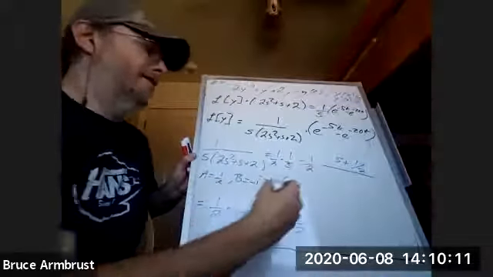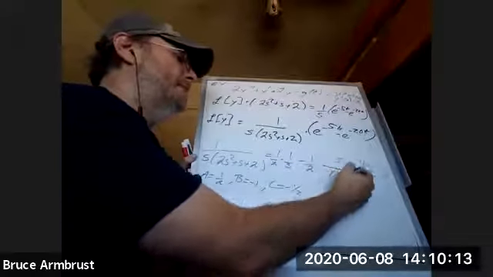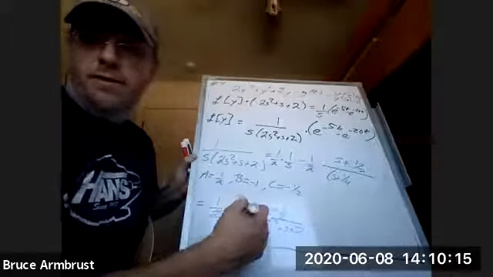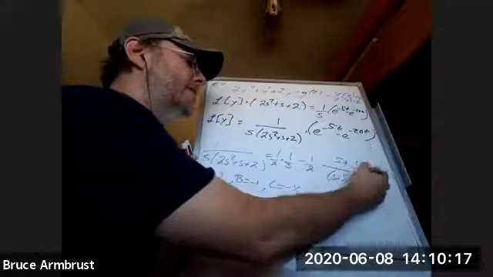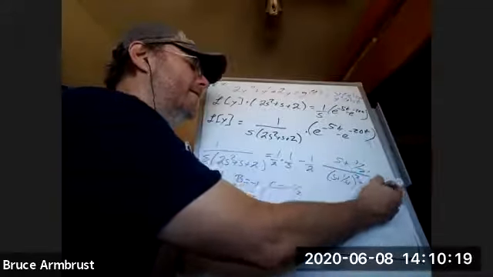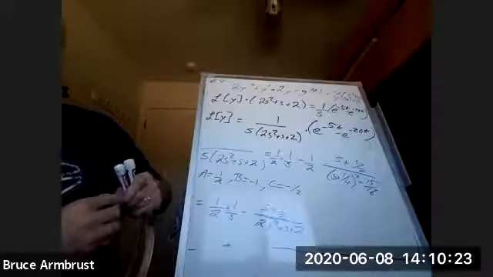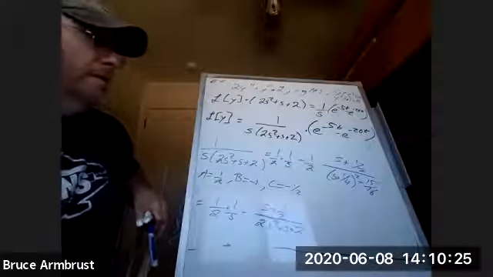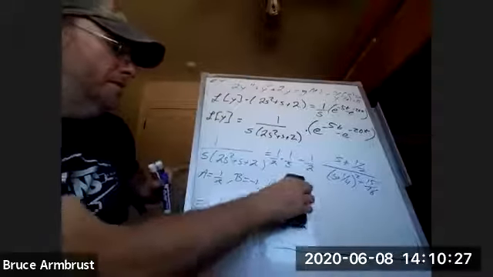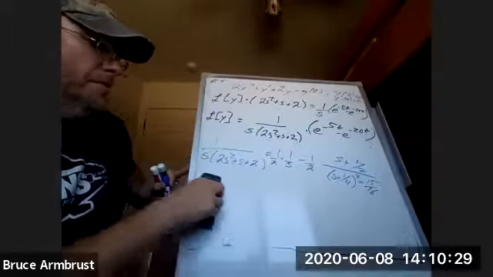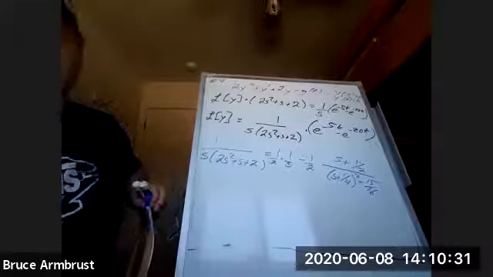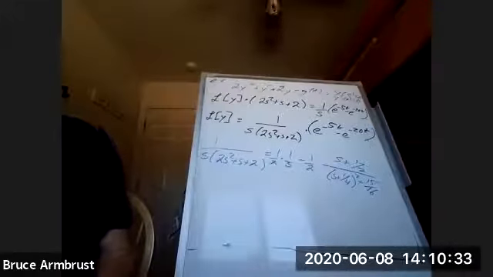And then on the bottom, we're going to get s plus 1/4, that quantity squared, plus 15/16. So really just be glad that I'm doing this for you.